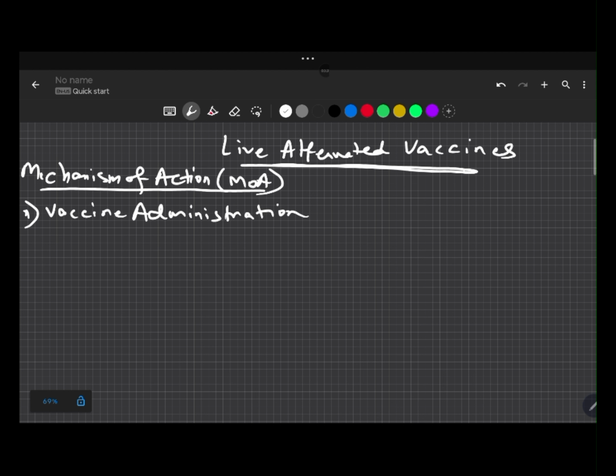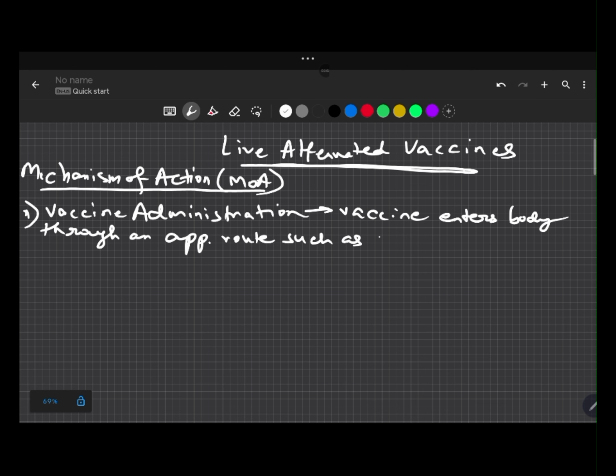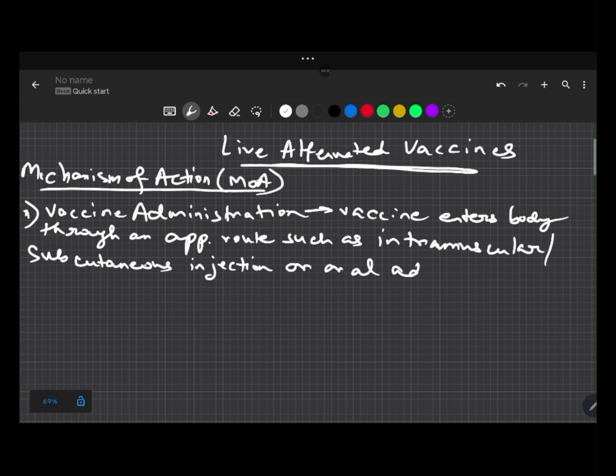What happens here is the vaccine enters the body through an appropriate route, such as intramuscular or subcutaneous injection, or oral administration.